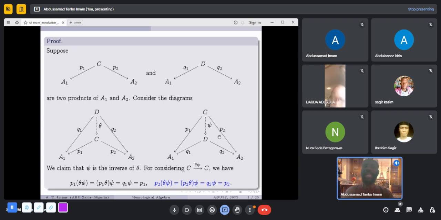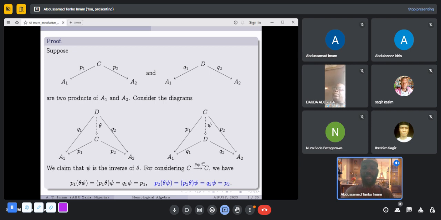The same thing I can do for D: there exists a unique morphism psi from C to D, making this diagram commutative. And then we claim that psi is the inverse of theta, so that the two are isomorphic.